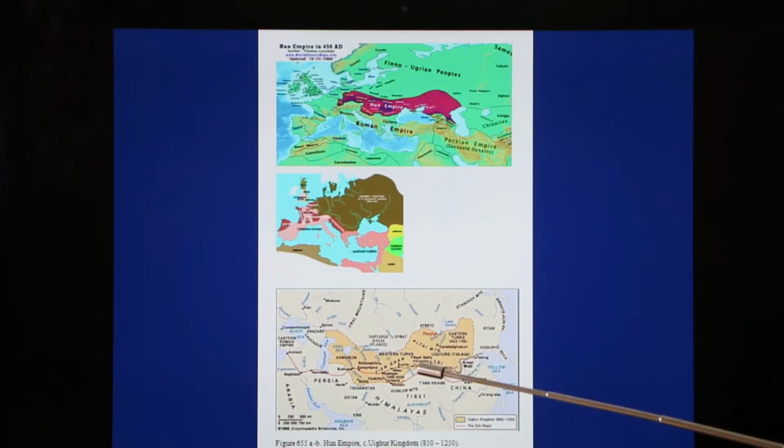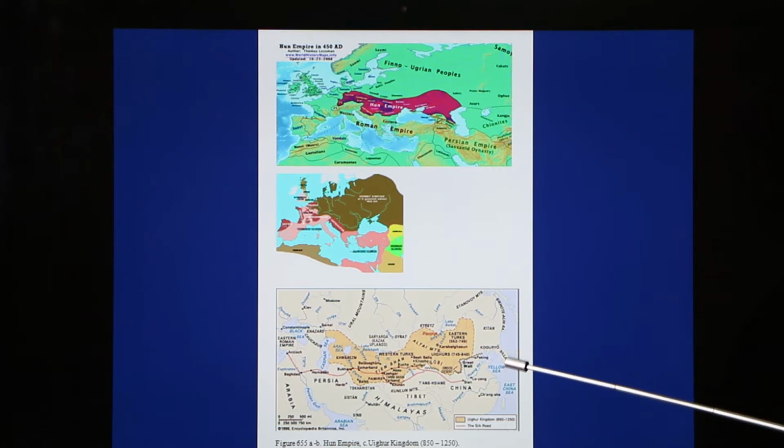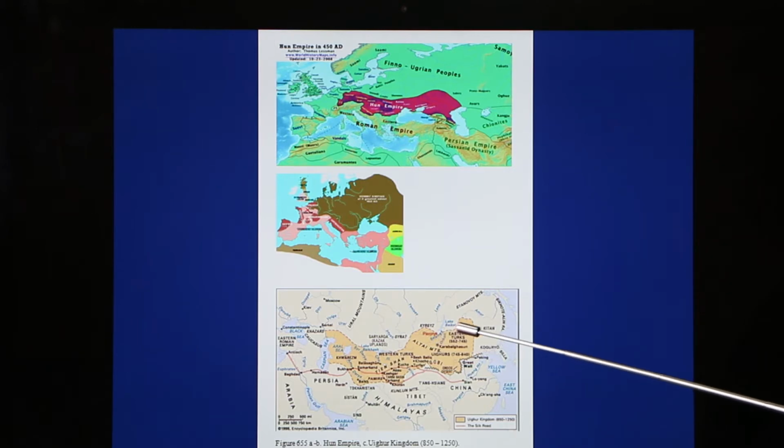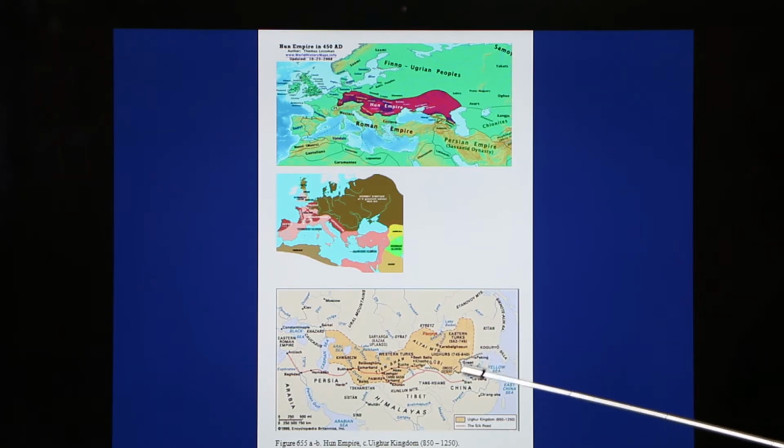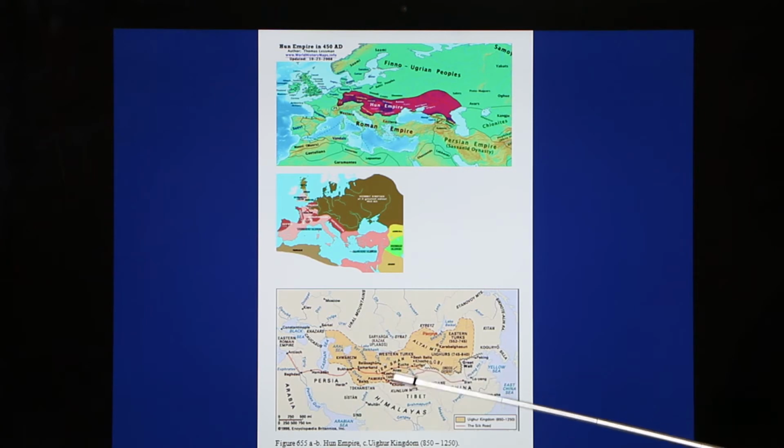And if we look at the so-called Uyghur kingdom that today is restricted to the Tarim Basin and considered part of West China, we see that it includes the Eastern Turks, the Uyghurs, the Western Turks, and Khwarezm, all the way to the Caspian Sea.